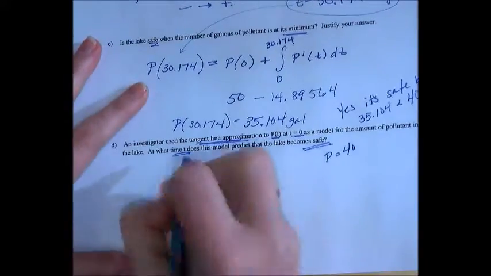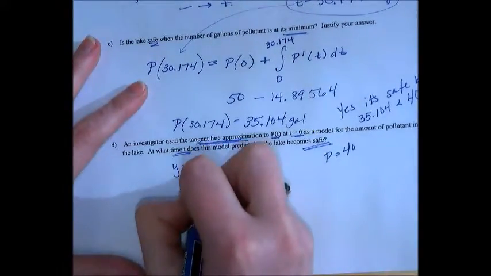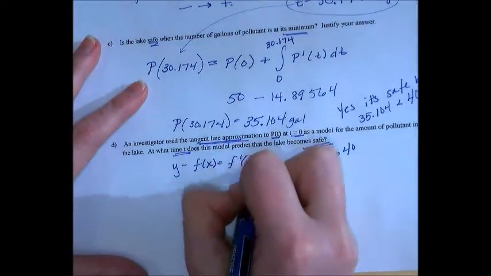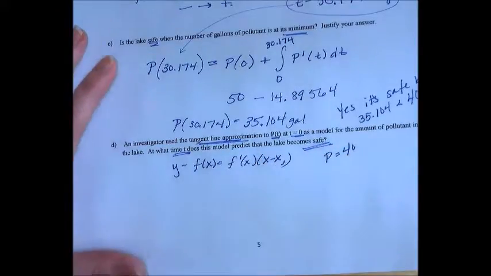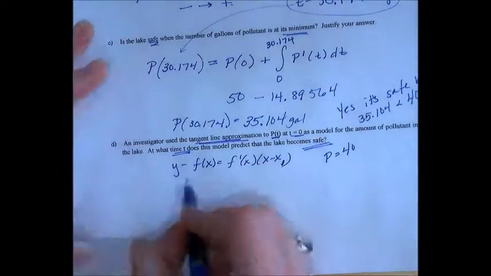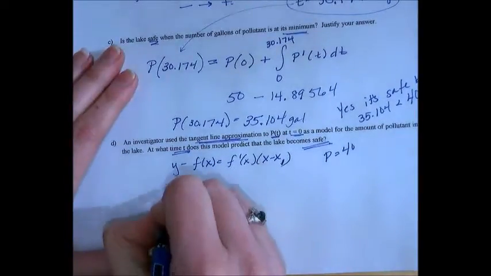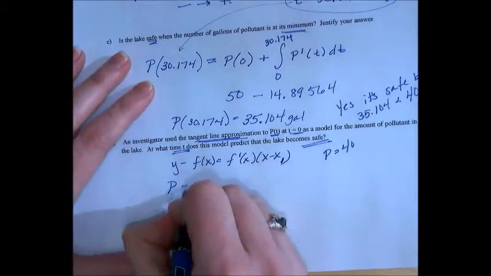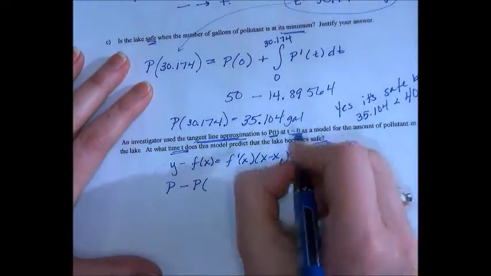Tangent line approximation, y minus f of x1 equals f prime of x1 times x minus x1. So now, let's adapt this equation to our variables in our problem. I'm not using a y here, I'm using p. We've got pollutants in this problem. P minus P of 0.